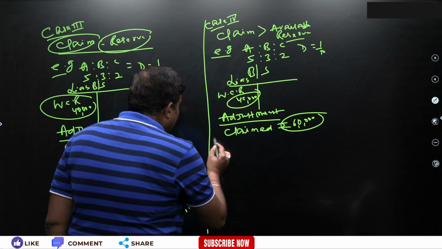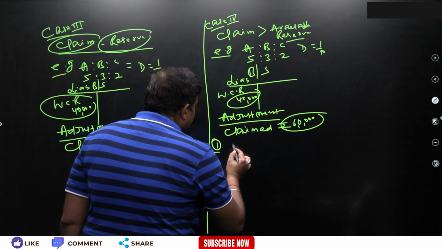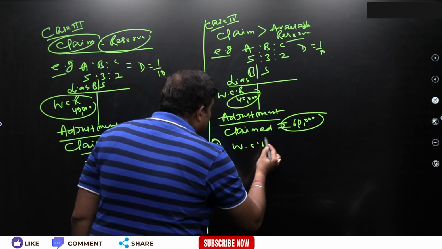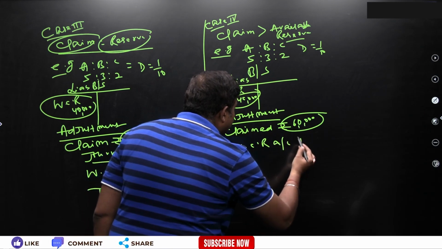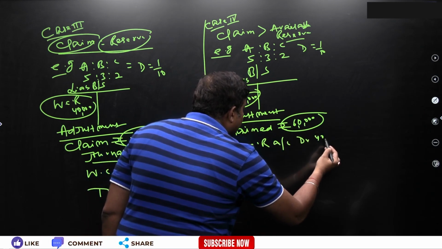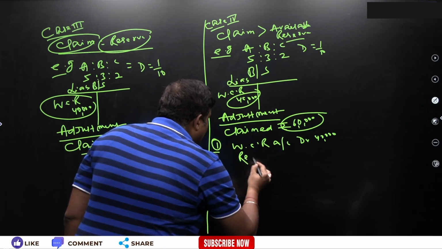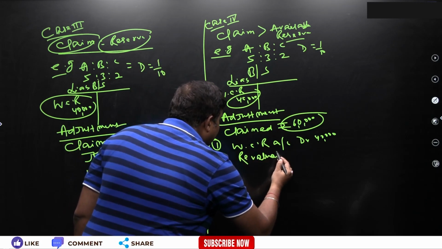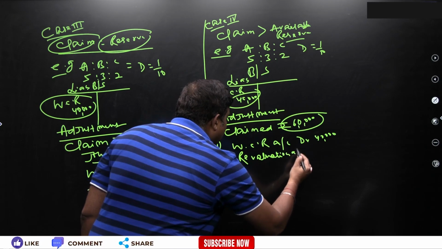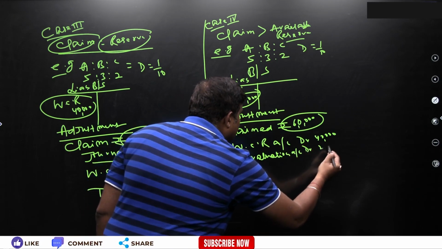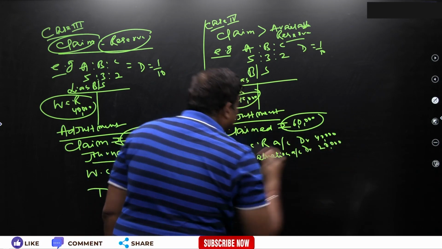So now the journal entry should be workmen compensation reserve account debit, up to the extent it was created, that is 40,000. Revaluation account debited, because the remaining difference amount of 20,000 has to be considered from the revaluation account.